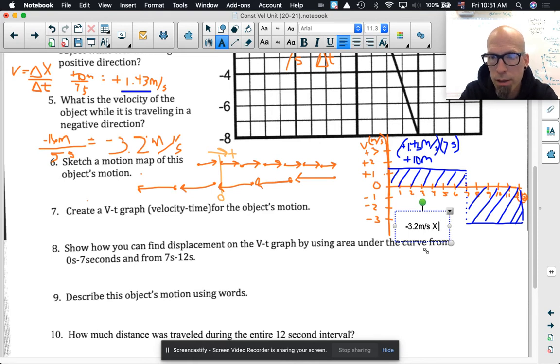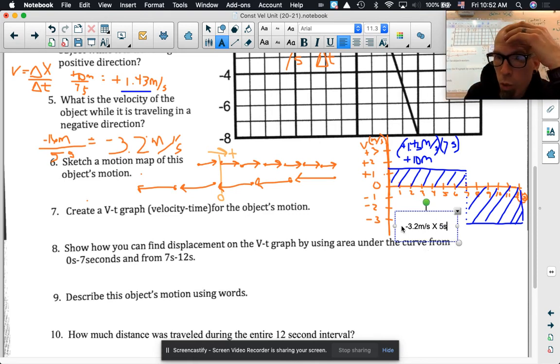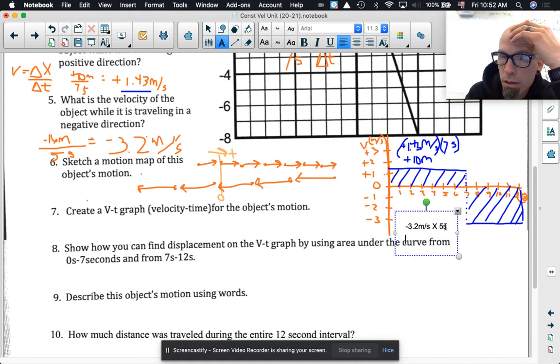Times what? 5 seconds. What's negative 3.2 meters per second times 5 seconds? Negative 16 meters. Negative 16 meters, folks.